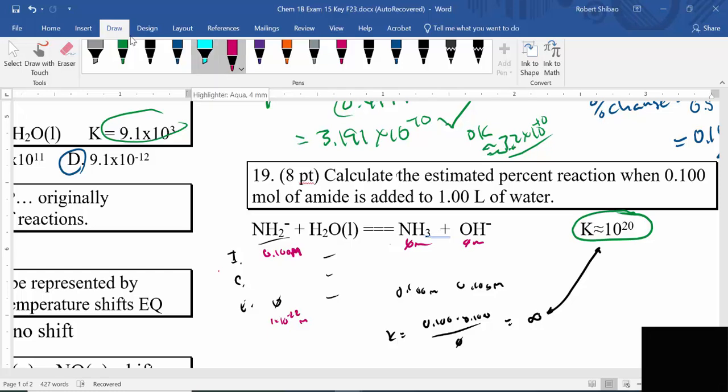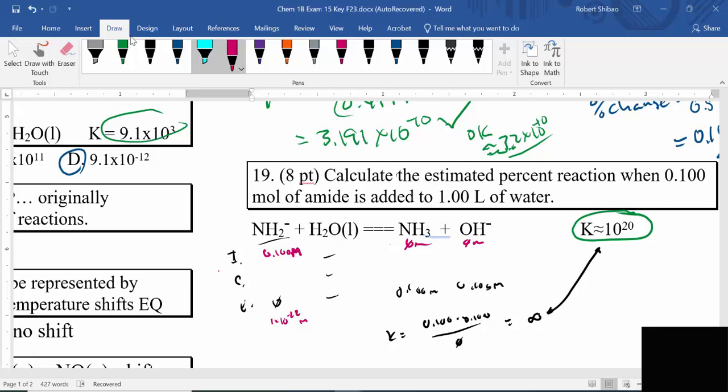All right, the other thing is, you handle calculations differently depending on what I ask. For some problems, I ask for percent reaction, so I might handle those differently than ones that ask just for pH. If the problem just asks for pH, then I'm focusing on one thing, and I might be able to take shortcuts and skip things to make the calculation faster. Other times I'm asking for everything.